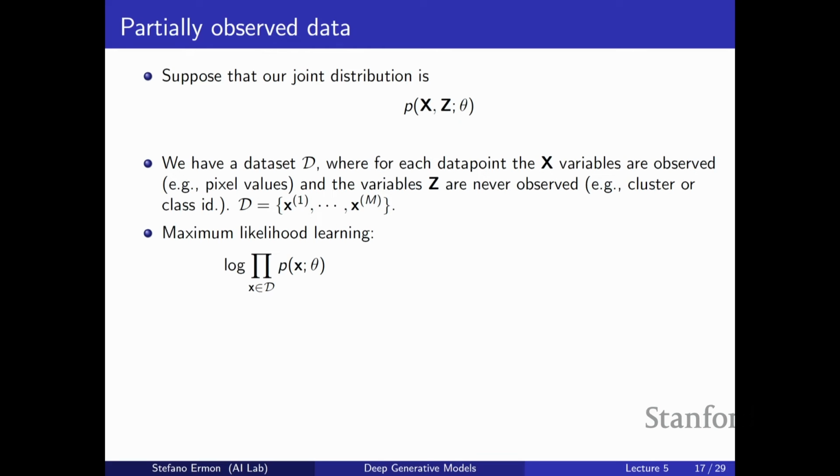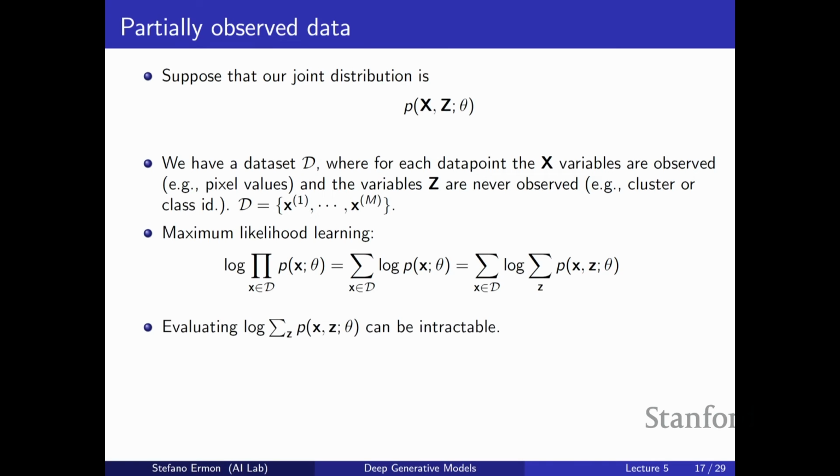It's the same objective that we had before: find theta that maximizes the probability of the data, maximum likelihood estimation, or equivalently, the average log likelihood of the data points if you apply a log. The problem is that evaluating the probability of a data point under this mixture model is expensive, because you have to sum over all possible values that the z variable can take for that data point.